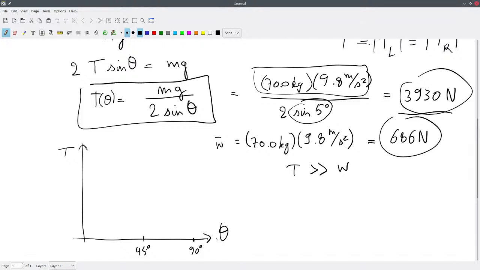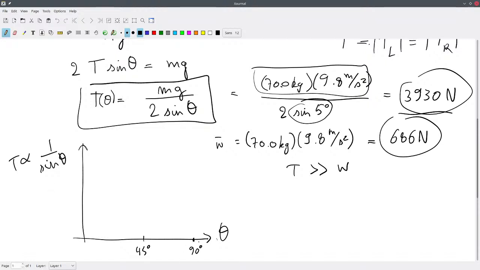For 90 degrees, and let's write this tension here, since it's proportional to 1 over the sine of theta. Let's just write this as 1 over the sine of theta. So the tension is proportional to that anyway, but I'm going to plot 1 over the sine of theta.